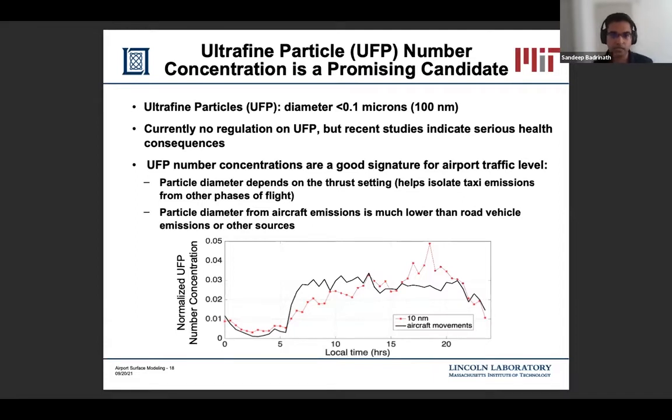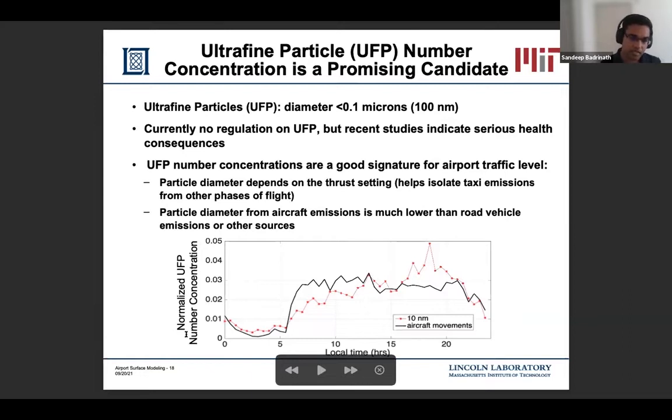Currently, there's no regulation on ultrafine particles, but recent studies have shown that they can have serious health impacts. What we found was that ultrafine particle number concentration is a very good signature for airport or aviation traffic levels. To illustrate that, I've shown a plot here.